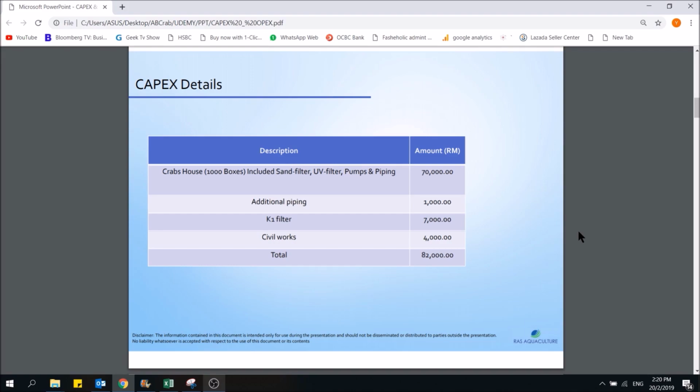We spent about 1,000 ringgit on piping, and the K1 filter on our system was about 7,000 ringgit. In total, civil works cost about 4,000, which brings us to about 82,000 ringgit, slightly above 20,000 US dollars. So this is for our first try. We made some mistakes along the way. We would highly recommend that you take a look at our system and see where you could typically cut costs.